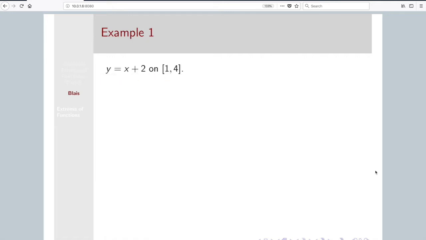One example, here we have a linear function. So we have y equals x plus 2 on the interval 1, 4. Well, we know y equals x plus 2 is just the function y equals x shifted up 2 units.